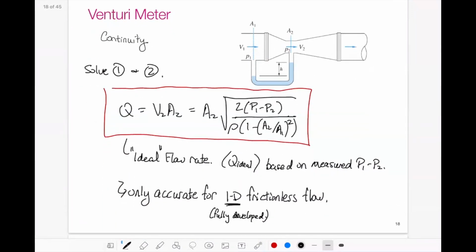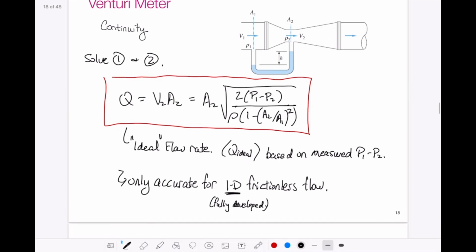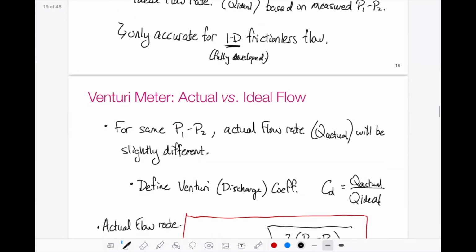And then we developed an equation for the ideal flow rate of a Venturi. So the flow rate is just equal to the velocity of the fluid times the area. And we can solve for that velocity as a function of the difference in pressures and difference in areas, the geometry of our Venturi meter. And this we called our ideal flow.